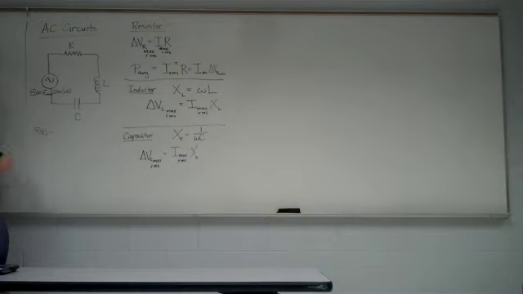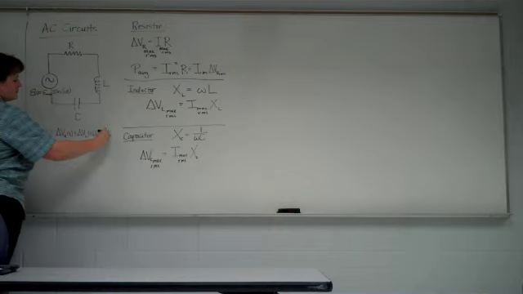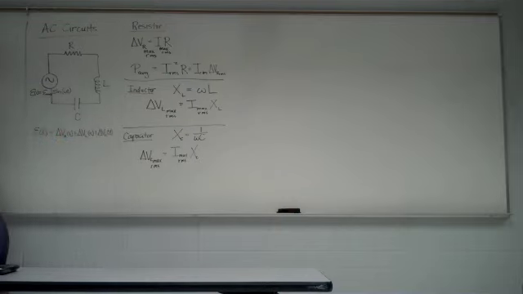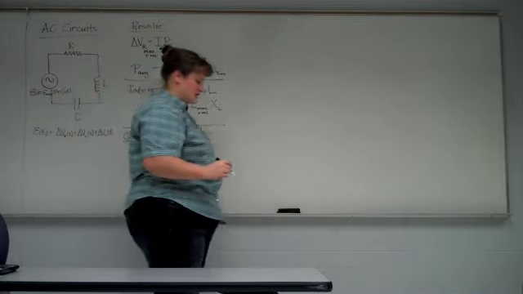The source voltage, whatever's being put in by the source, has to somehow be shared among the individual elements at any one point in time. So if you add up the voltage drops for each element, then at any one instant in time, they're going to equal the source voltage.